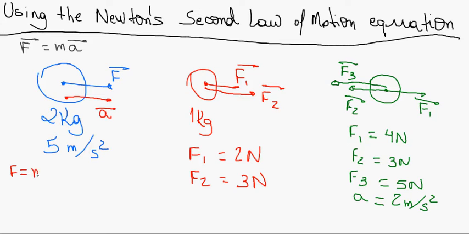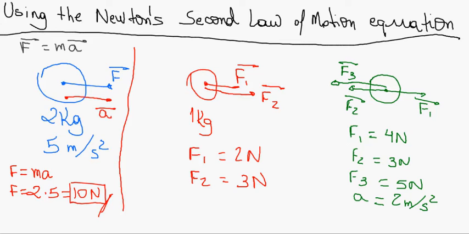Force is equal to mass times acceleration, so the force, which is what we want to know, is equal to 2 times 5, and this is equal to 10 newtons. We saw in that video that the unit for force in the international system is the newton. When we multiply kilogram by meter per second squared, we have newton as a result. So the answer to the first example is 10 newtons.